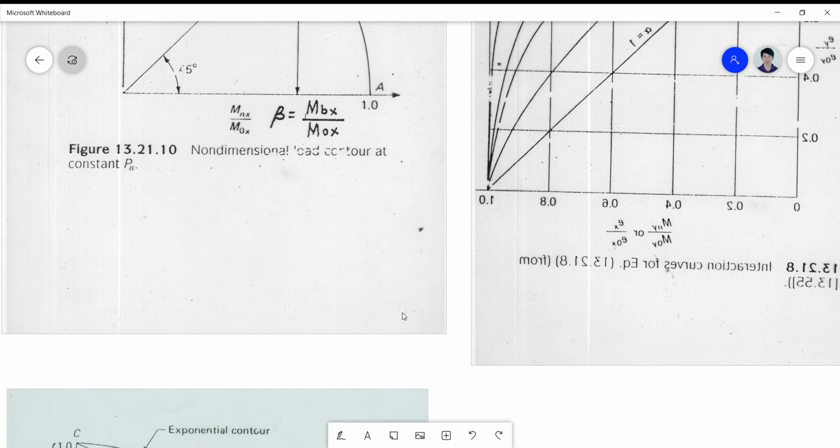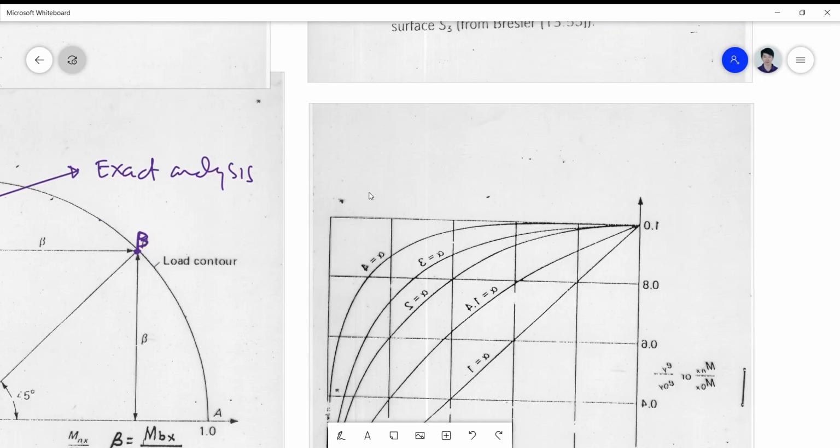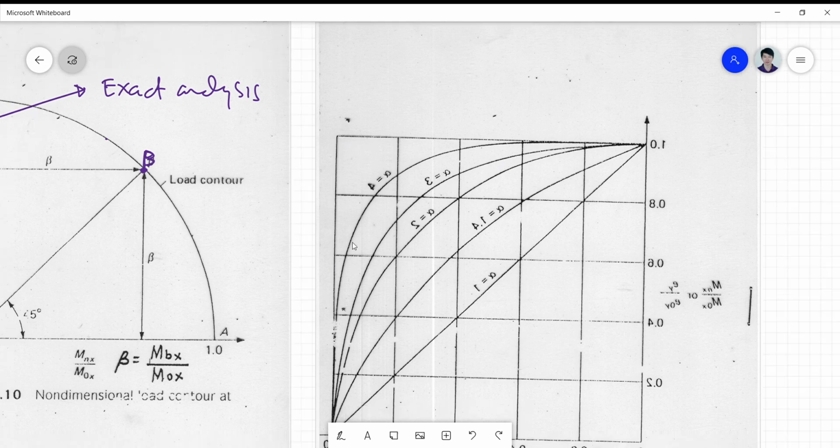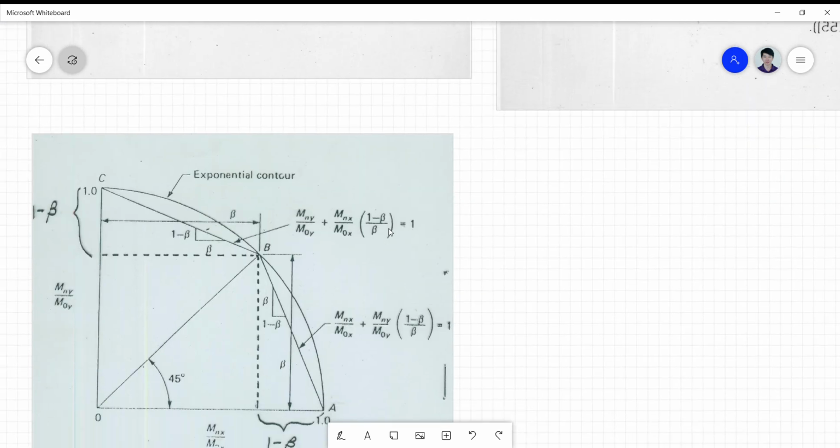The print is just reversed because it was on acetate. Okay, when alpha is 1, this is a straight line. When alpha is 2, it is a circle. And alpha between this, it's a little bit flat. And this is a little bit concave, until it approaches a bilinear plot there.